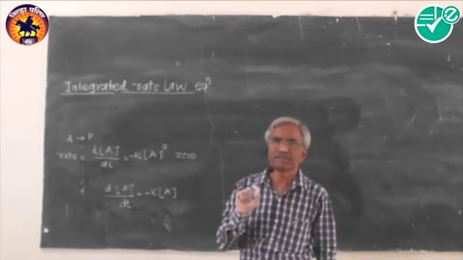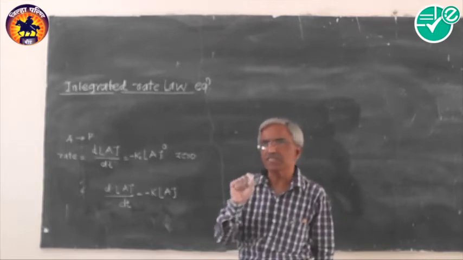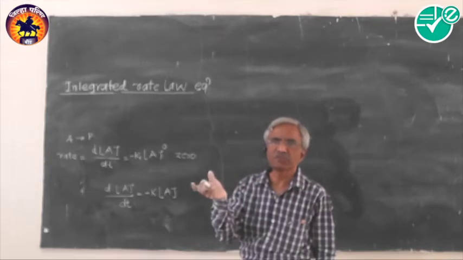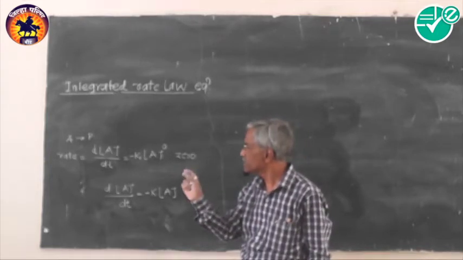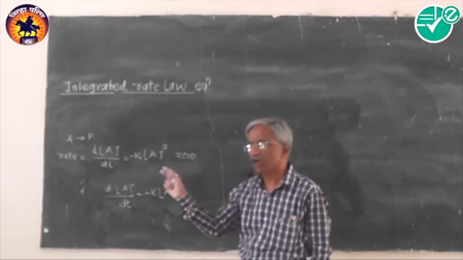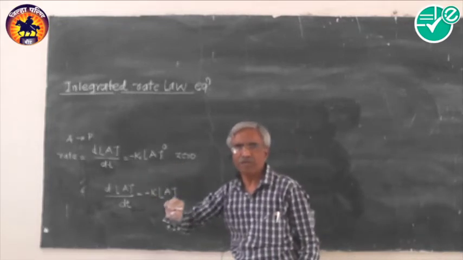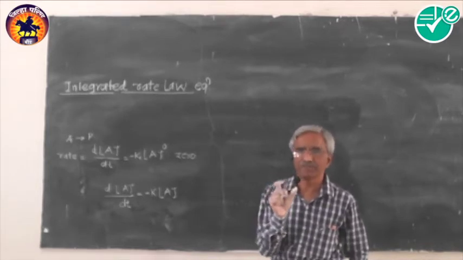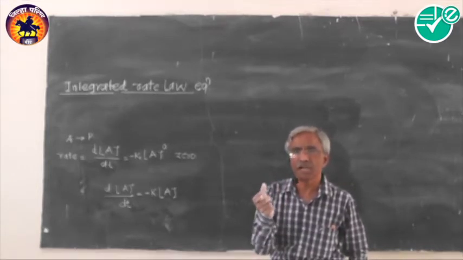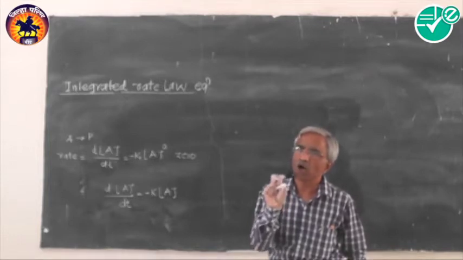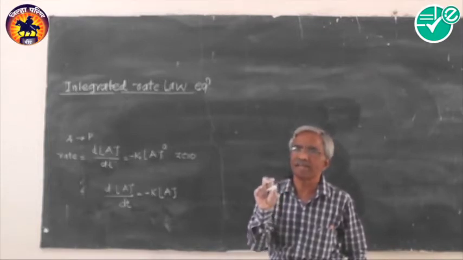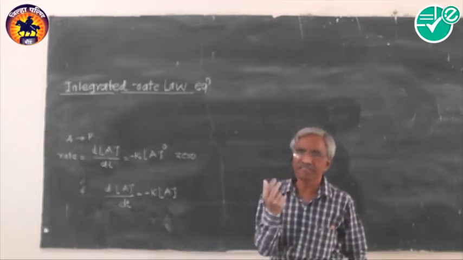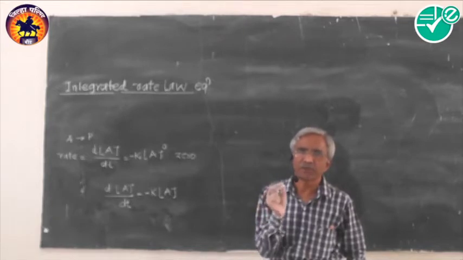The integration in calculus gives us the value of change of one function with respect to another. Here the function is the change of concentration of the reactant with respect to time. So we can calculate the concentration of the reactant at different times, or how much of the reactant is left to be reacted and how much has reacted with respect to time.